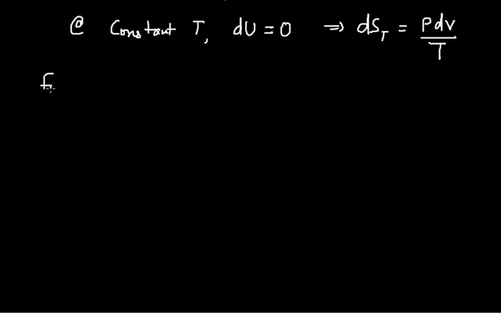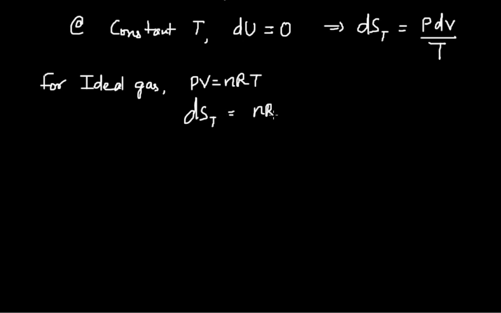And for an ideal gas, pV equals nRT, so dS equals nRT by T times dV by V, so therefore dS will be nR dV by V at constant temperature.